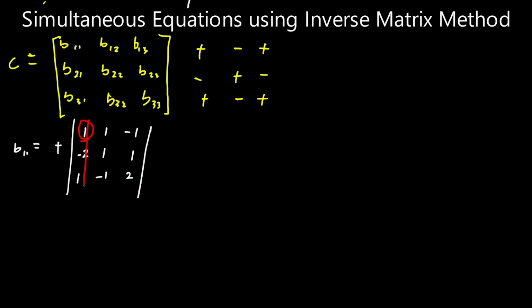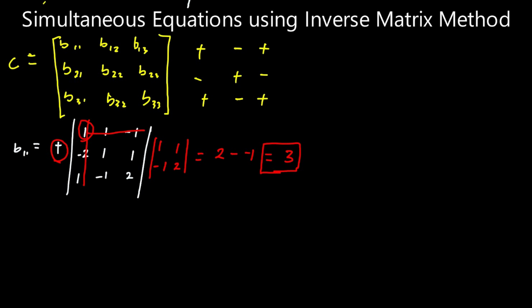So we close this row, we close this column. We remain with the matrix 1, 1, minus 1, 2. We solve the determinant. 1 times 2 is 2, minus 1 times 1 is minus 1. So we have 2 minus minus 1, which gives us a 3. And 3 times the sign here, which is positive, will remain to be 3. So we have our first element as 3.